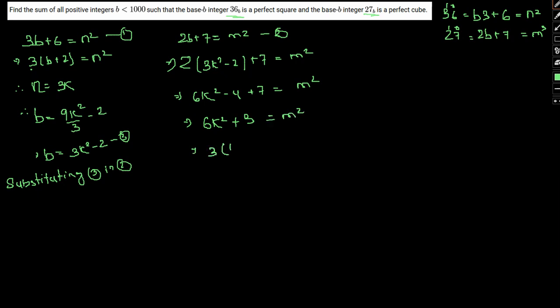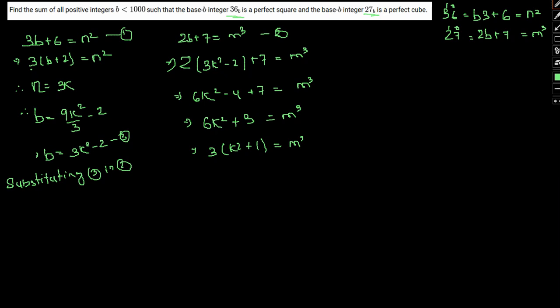Taking 3 common, we have 3 times k squared plus 1 equal to m cubed.